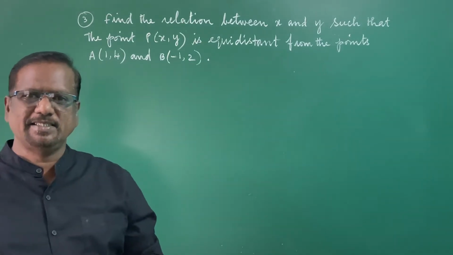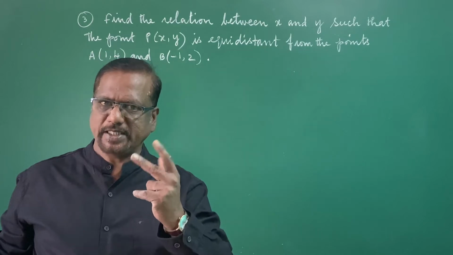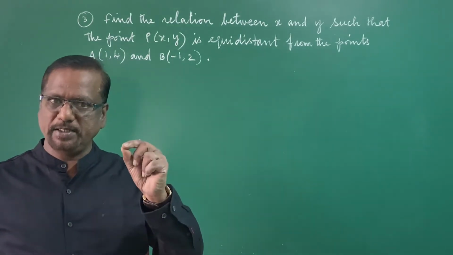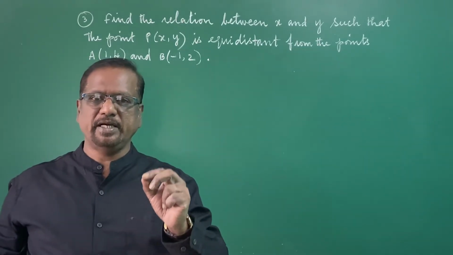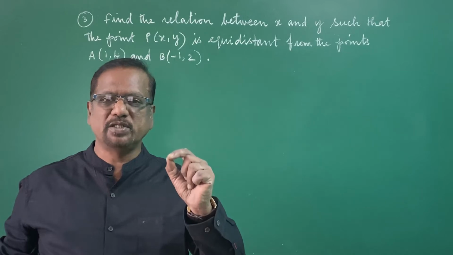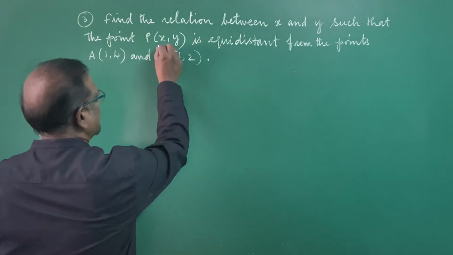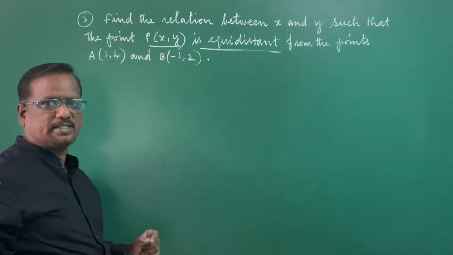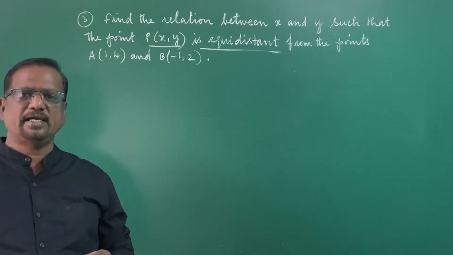Let us analyze what are all the given things here. The two points A and B are given, and there is one more point P (x, y). But they are using a keyword which we have to note down: the point P (x, y) is equidistant from the two given points A and B.